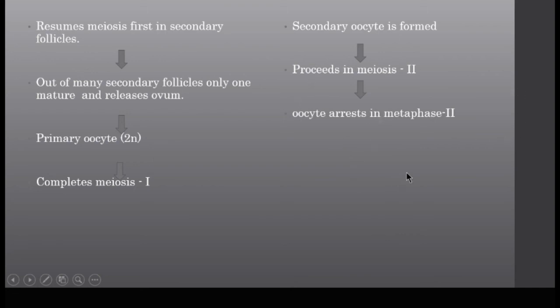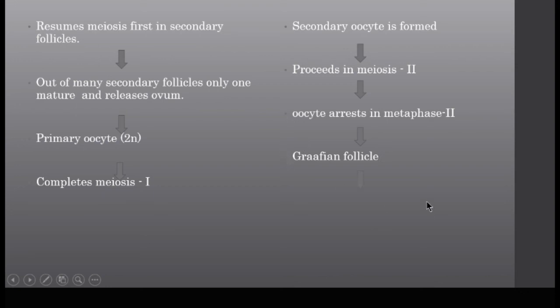So the ovarian follicle that contains the oocyte which is arrested in the metaphase second, such ovarian follicles are called the Graafian follicle. During each menstrual cycle, only one Graafian follicle is formed from the secondary follicle.